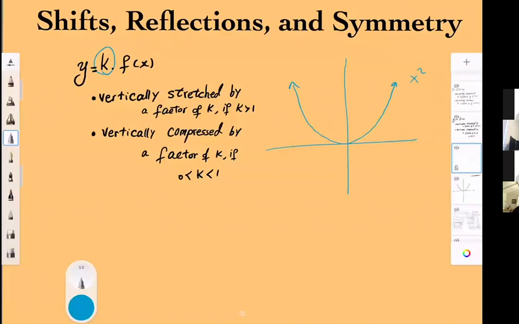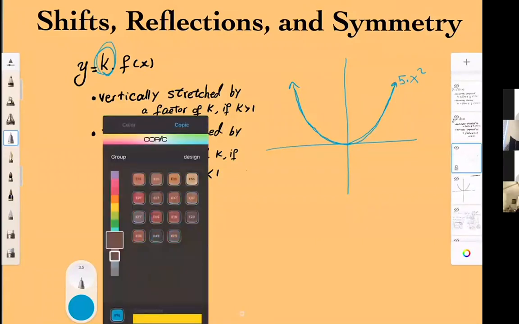If I say 5 times x squared, what's going to happen to this graph? You see, we are not adding and subtracting, so we're not going to shift it up or down or left to right. When you're multiplying, the graph will stay in the same place.